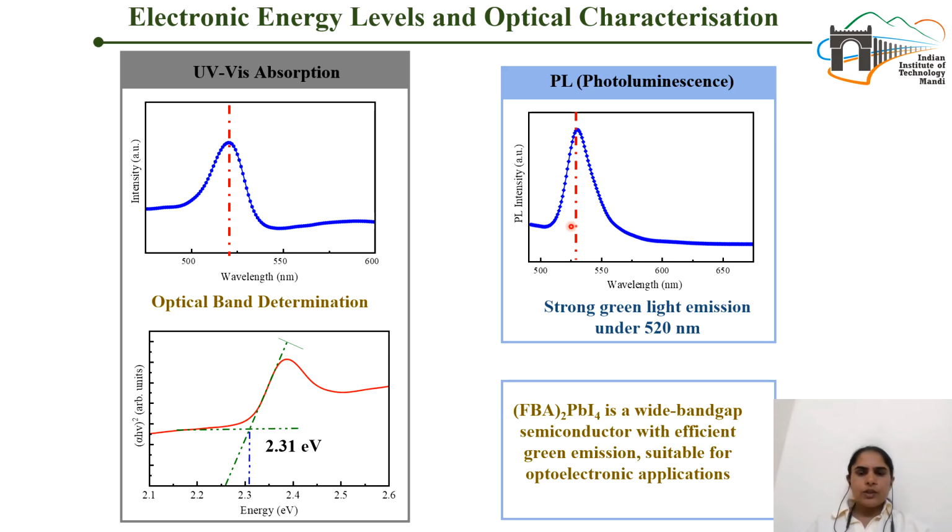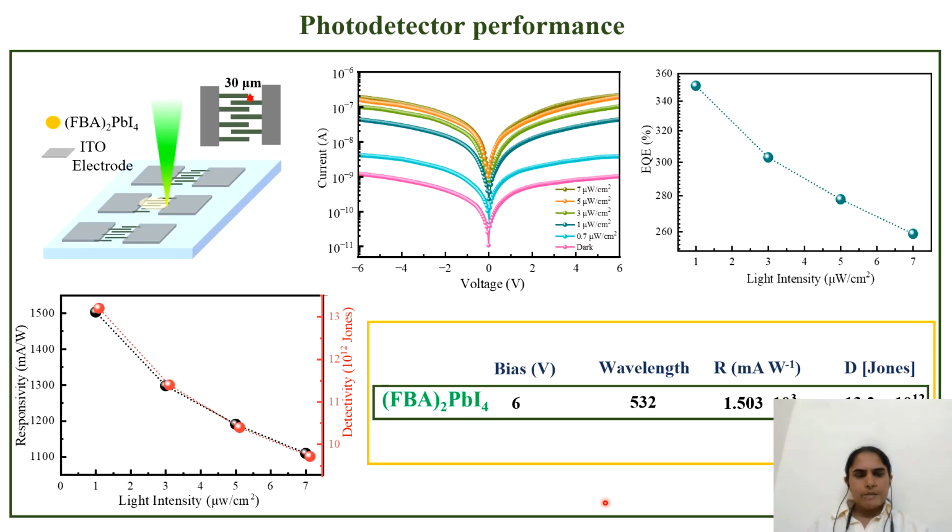The narrow peak in the photoluminescence indicates higher crystallinity, which is good for the higher performance of optoelectronic devices, and it shows strong green light emission at 520 nanometers. So the as-prepared material is a wide bandgap semiconductor with efficient green light emission, suitable for optoelectronic applications.